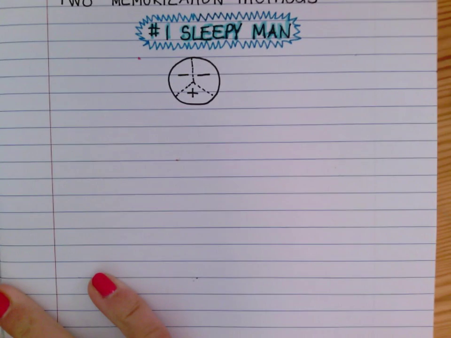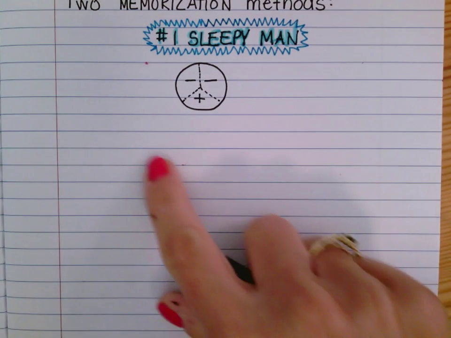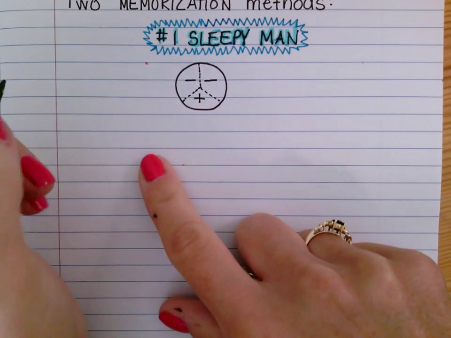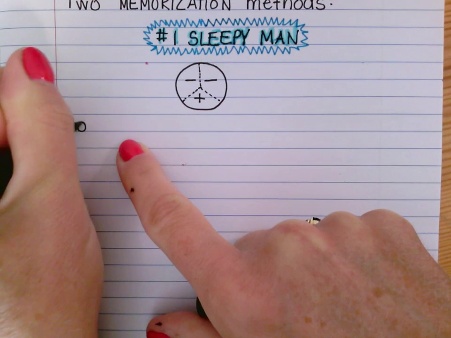So let's move it down so we can still see him. All right, so underneath here, we're going to write that you cover the 2 signs in the problem, and we'll do an example so you can see it.